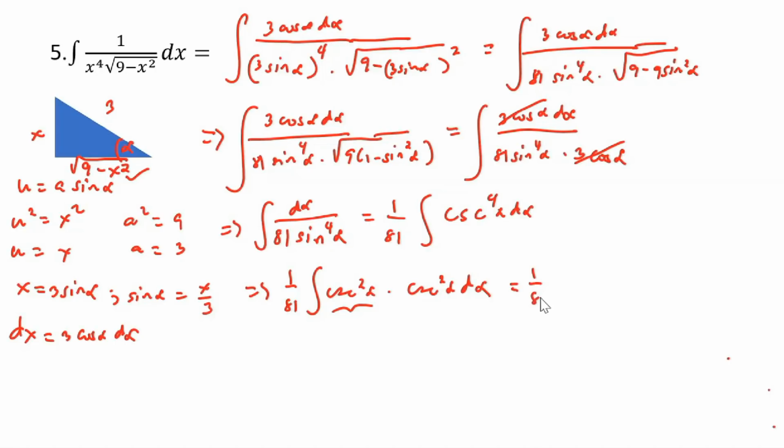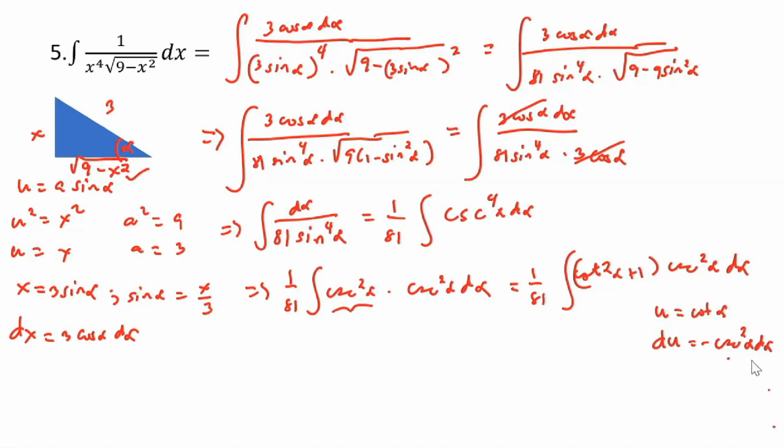So we can write now 1 over 81, the integral of cotangent squared alpha plus 1 times cosecant squared alpha d alpha. Now from here, I will let u equal cotangent alpha, and du here is equal to negative cosecant squared alpha d alpha.